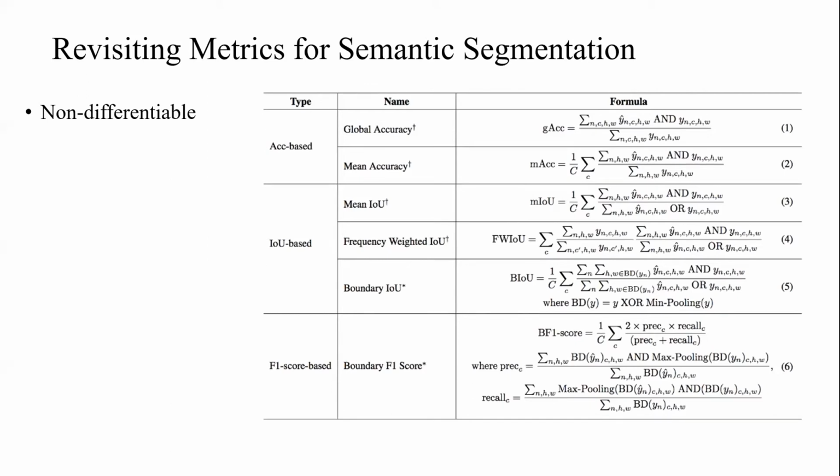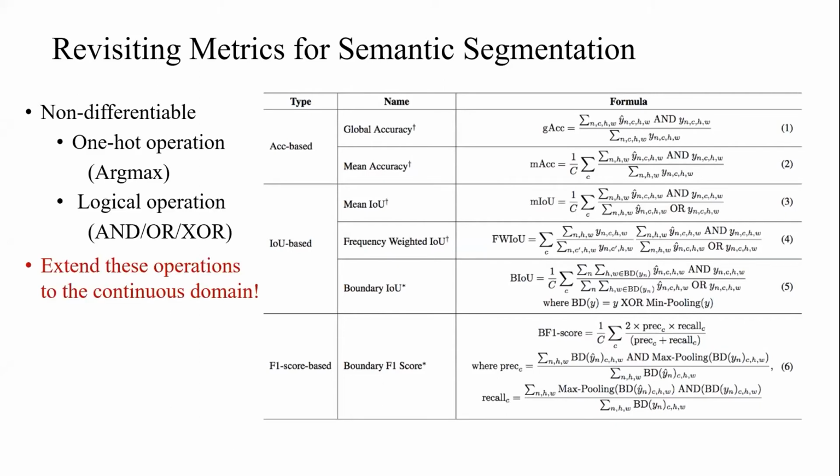So we found it can be unified in some form, and the operators share some limited, very similar operators. In this table, we list some common metrics for semantic segmentation. These evaluation metrics, of course, are non-differentiable, and therefore they cannot directly be utilized as loss functions.